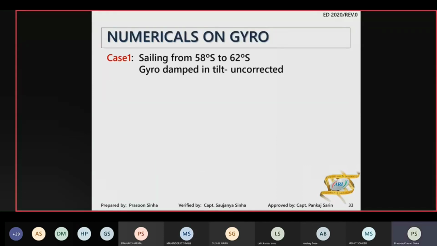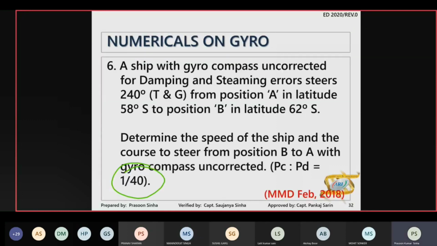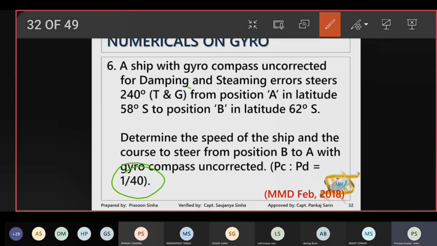Do we see here in the question that it is 240 degrees true and gyro? The gyro is reading 240. The ship is also doing true 240 degrees. Correct? Correct sir.